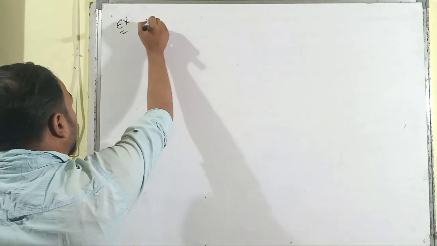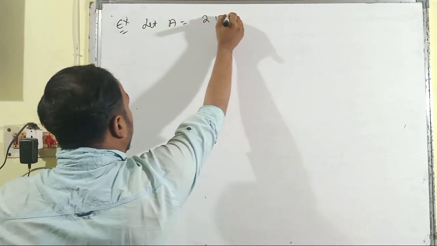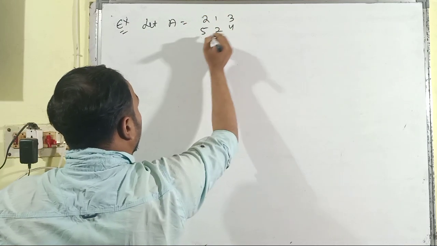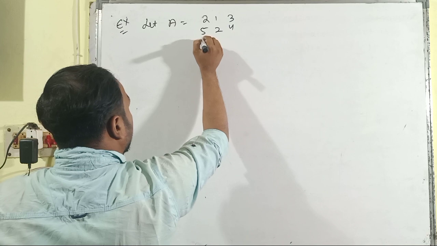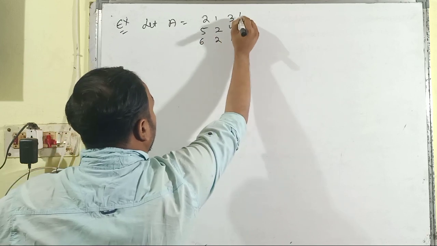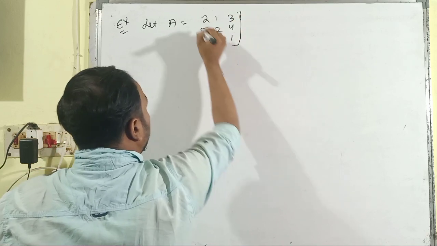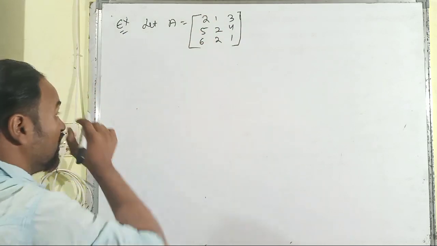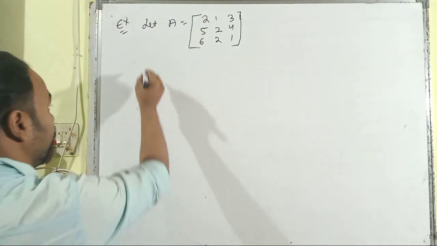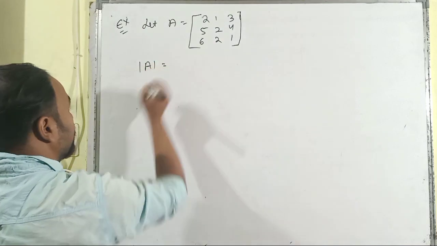Example: let A be the matrix 2, 1, 3, 5, 2, 4, and 6, 2, 1. This is the given square matrix of order 3. First of all, we have to find its determinant.